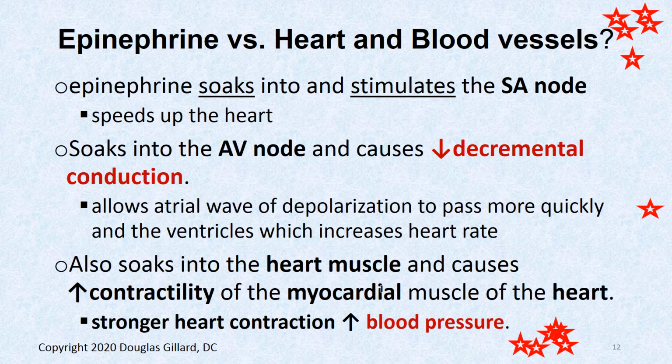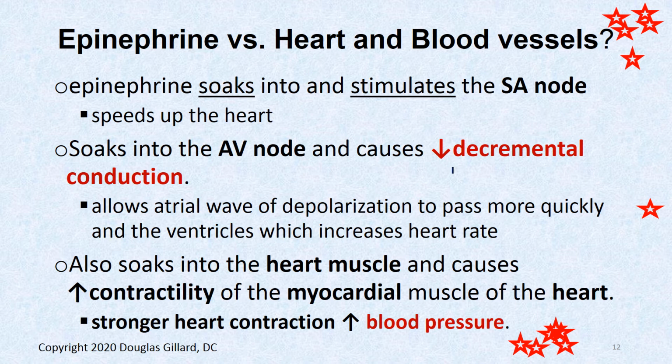Epinephrine versus heart and blood. Epinephrine also soaks into the SA node and stimulates it to speed up the heart rate, because we don't have as much blood anymore, so we need to get the heart cranking to speed up the circulation. It also soaks into the AV node. Normally we have a slowdown, right, when the signal goes from atria into the ventricles. It slows down that signal, but if you're fighting for your life and you don't have a lot of blood, we don't worry about slowing down that signal.